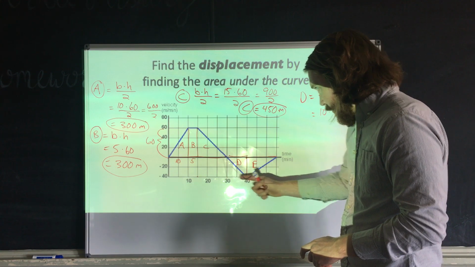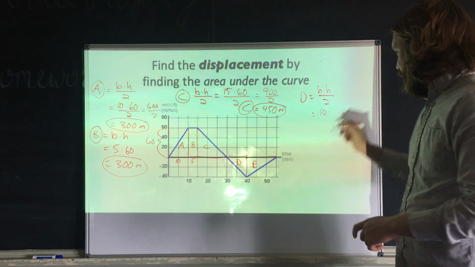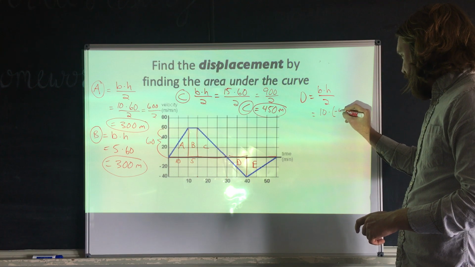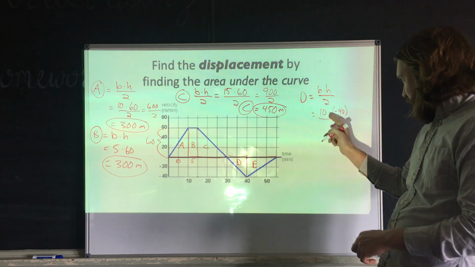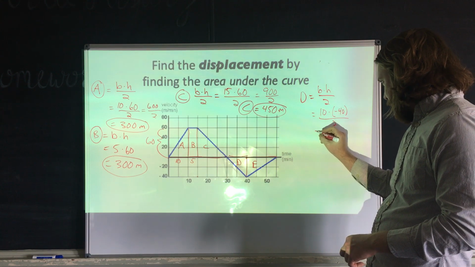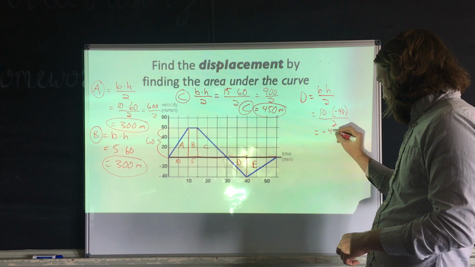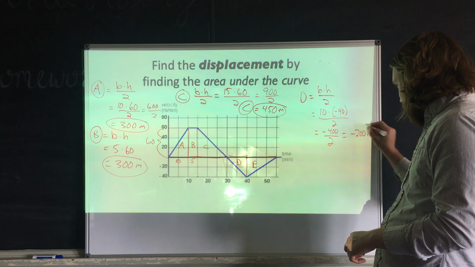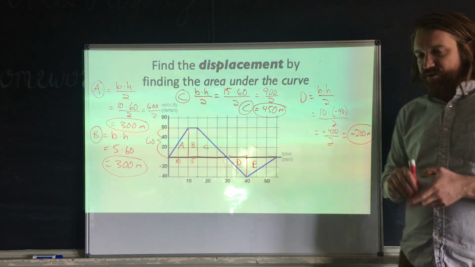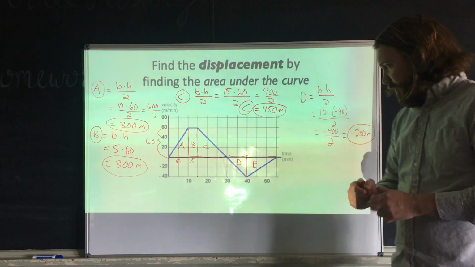My height goes down, 0 to negative 40. So my height here is actually negative 40, divided by 2. 10 times negative 40 equals negative 400 divided by 2, which is negative 200 meters. Ooh, interesting. It's the bottom, it's negative.